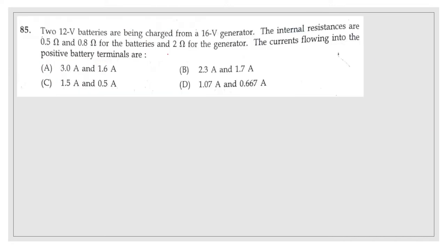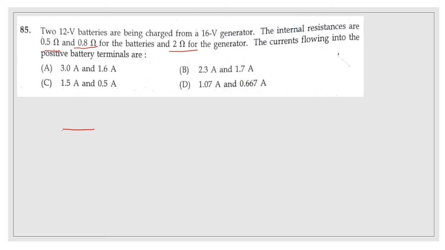Next, two 12-volt batteries are being charged from a 16-volt generator. The internal resistances are 0.5 ohm and 0.8 ohm for the batteries and 2 ohm for the generator. The current flowing through the positive battery terminal is what?